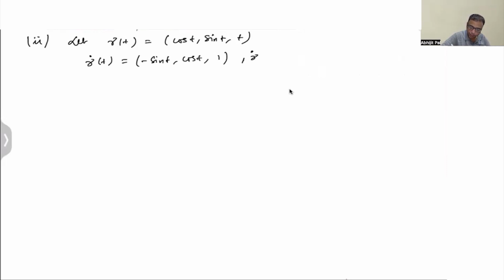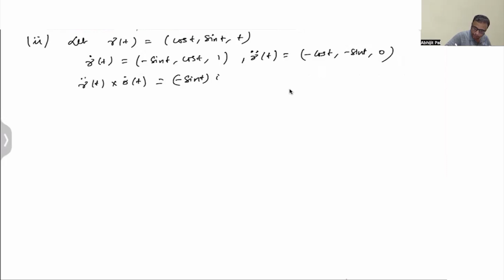Gamma double dot t is equal to (minus cos t, minus sin t, 0). And this vector product you can compute. So this will be equal to minus sin t times the unit vector i bar plus cos t times the unit vector j bar minus the unit vector k bar.